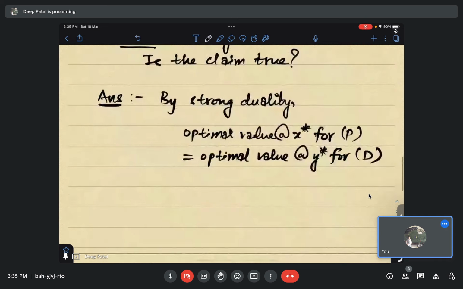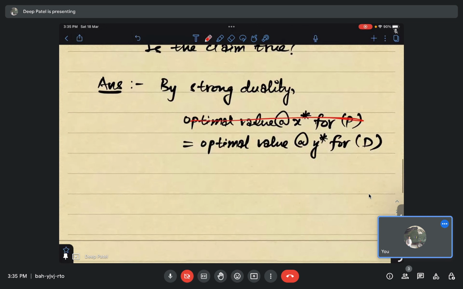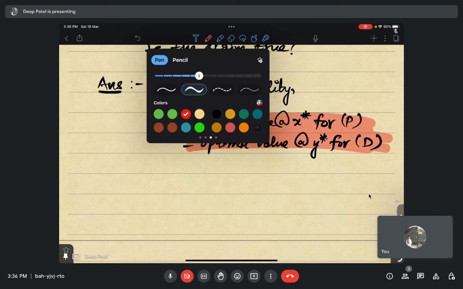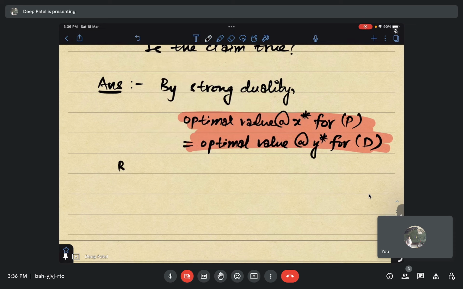So by strong duality, this claim should be false. Recall, I'll write again the primal and dual in the standard form.